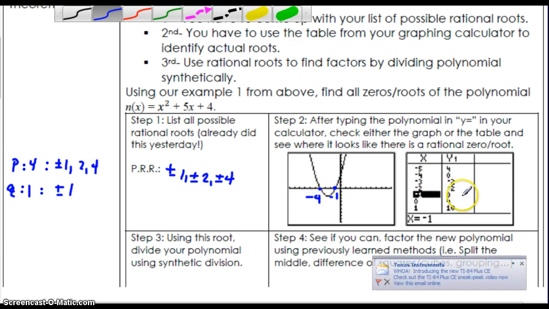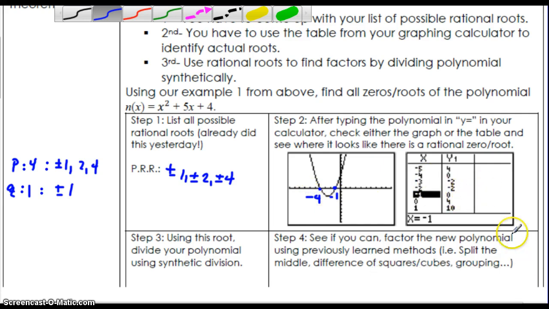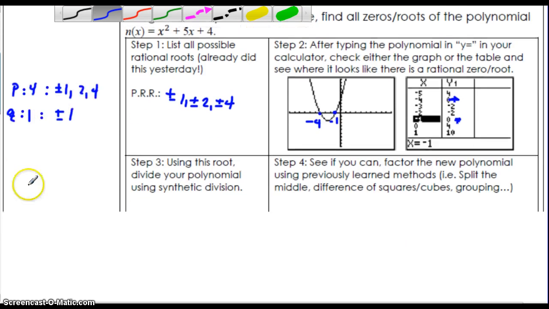You can look in your table and see them, and we have negative 4 and negative 1. So from the calculator, we get x equals negative 1, so x plus 1 is a factor.